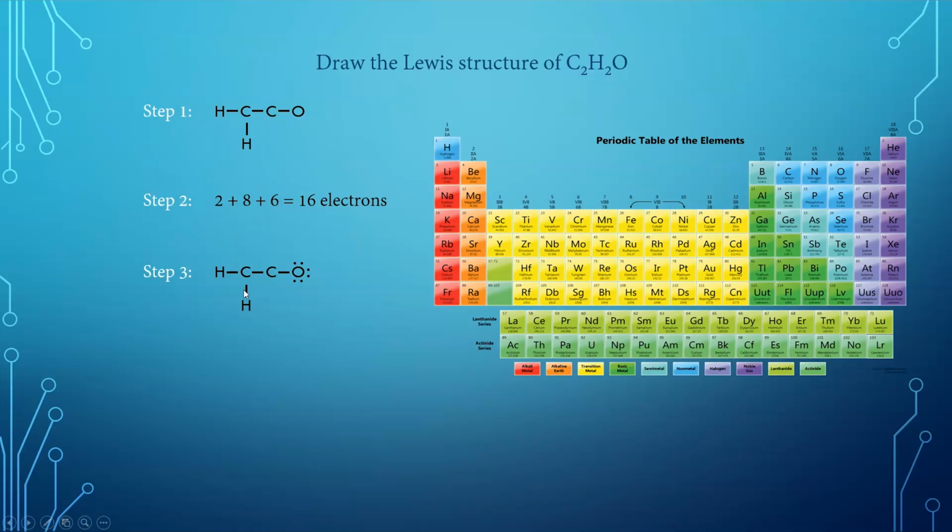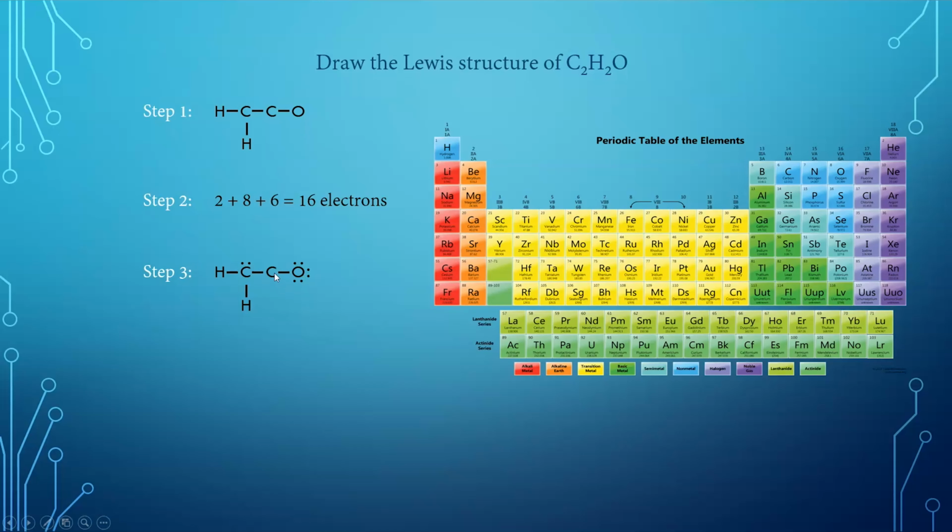Our carbon's not so good. This carbon only has 6, and the one over here only has 4. So we need some additional electrons. We only have 2 left, so it doesn't really matter which carbon we put them on. We'll go and put them on the left-hand carbon. At this point, the carbon on the left has 8. That's good. Oxygen has 8. That's good.